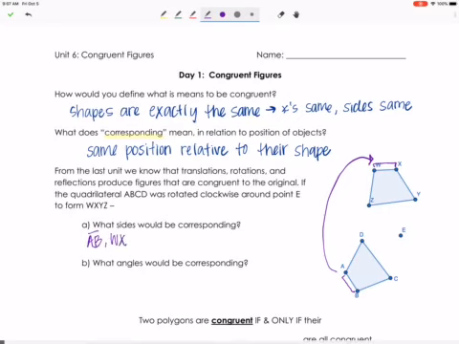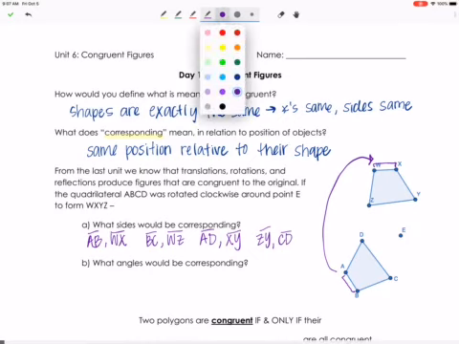So AB, WX would be a pair. BC and WZ would be a pair. AD and XY would be a pair. And then ZY and CD would be a pair, just following where they are position-wise.